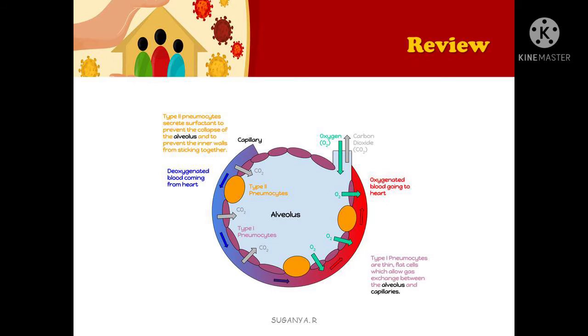Alveolar macrophages serve as mobile scavengers that engulf foreign particles in the lungs such as dust, bacteria, etc. The angiotensin converting enzyme 2 is expressed in alveolar macrophages.